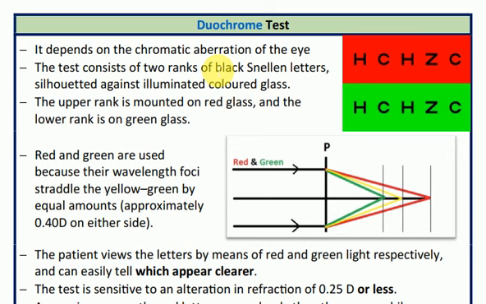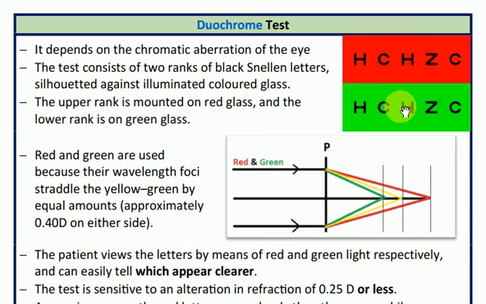The test consists of 2 ranks of black Snellen letters silhouetted against illuminated colored glass. The upper rank is mounted on red glass, the lower rank is on green glass.